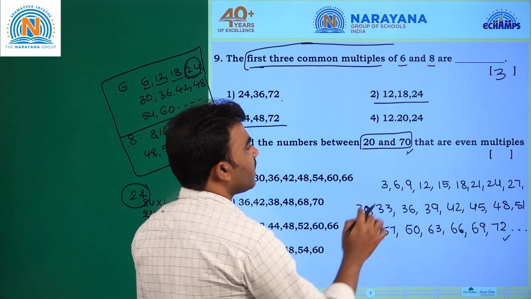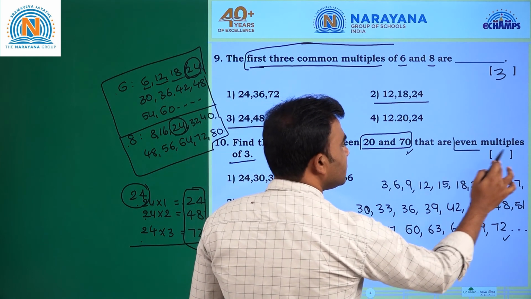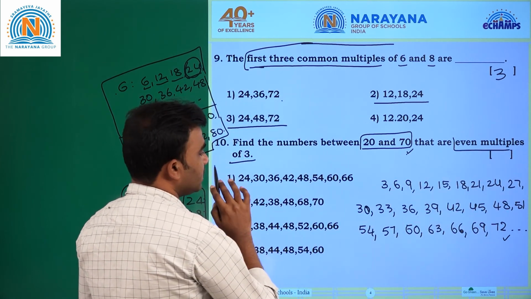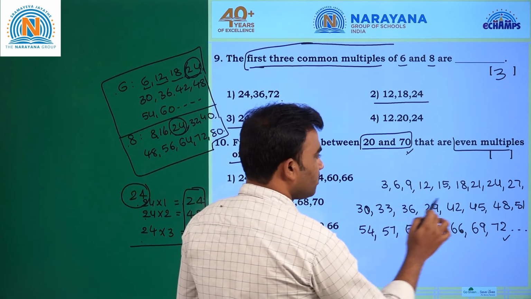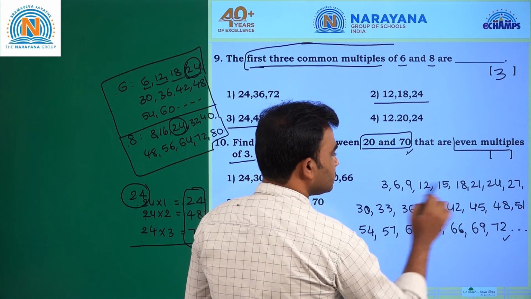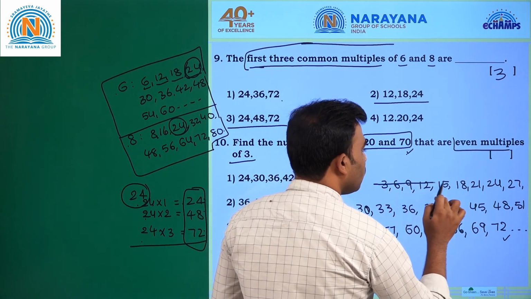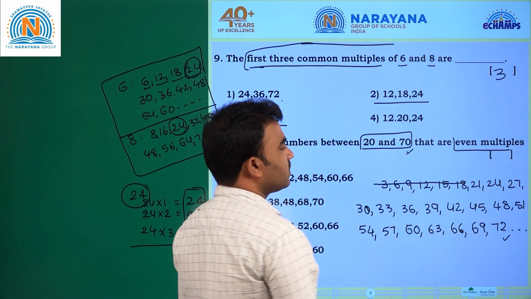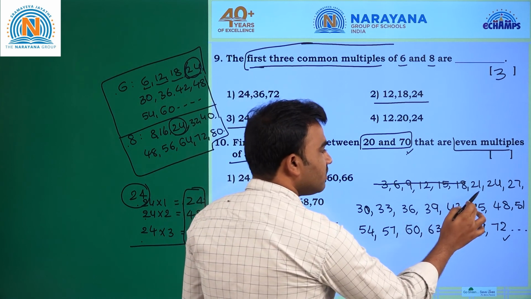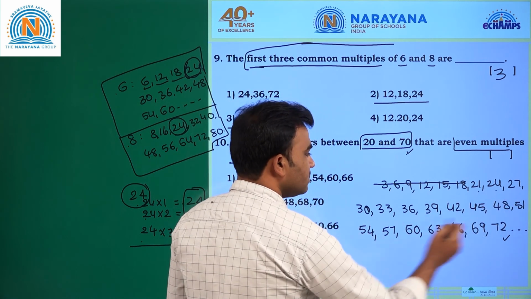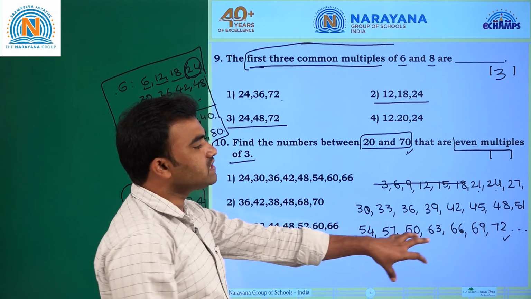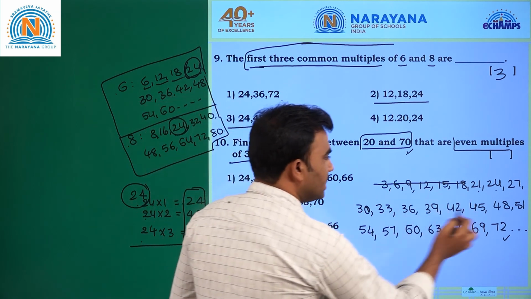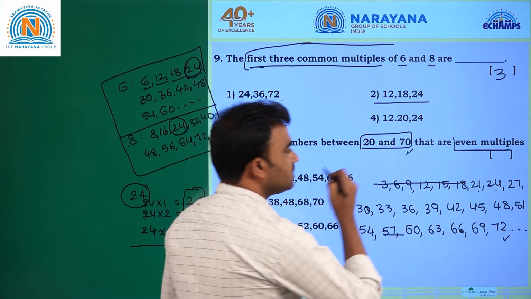Now find the even multiples of 3 which are in between 20 and 70. After 20, up to 20 cross out all the multiples. Now 21, 24, 27 up to 72. These are all the multiples of 3.